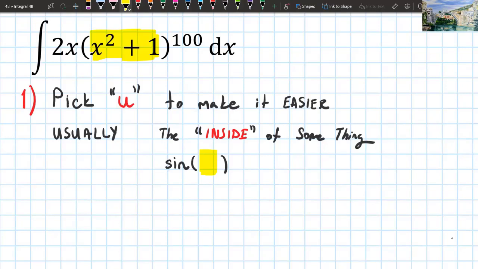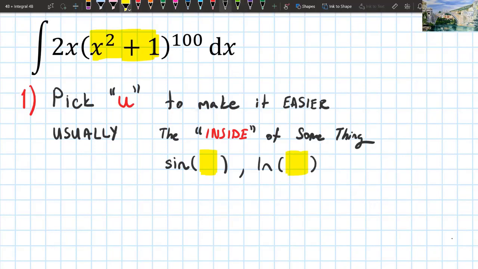If you have a logarithmic function, again, it will be this part. So the angle of a trigonometric function, usually, no need to be, but 90% it will be there. That part will be u.